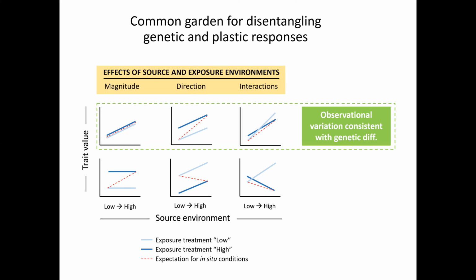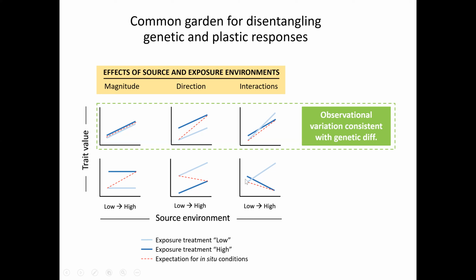In contrast, with a stronger exposure than source effect, or with opposite direction of source and exposure effects, here we have an increase in trait values from low to high source precipitation, but we have a decrease in trait values from low to high exposure water availability.